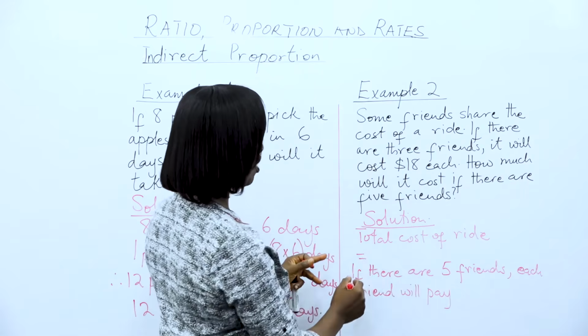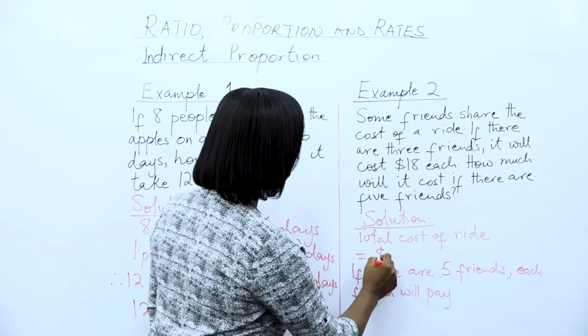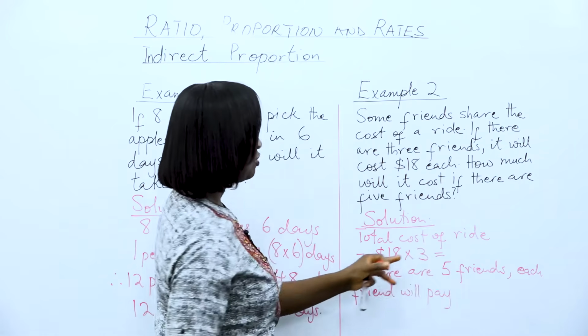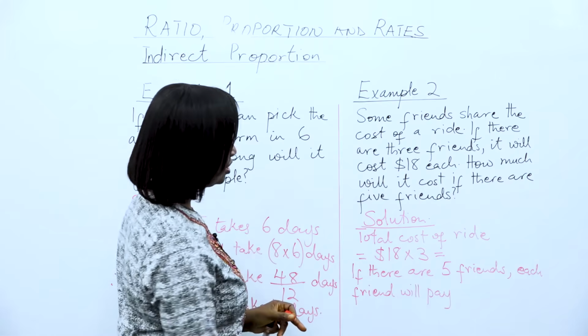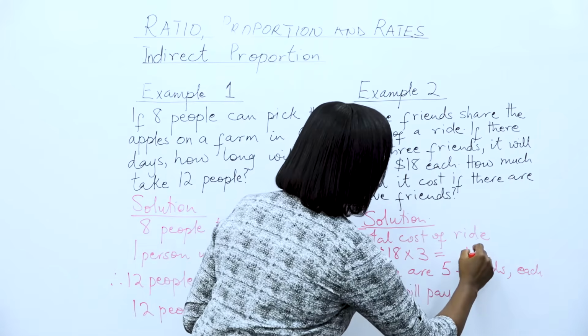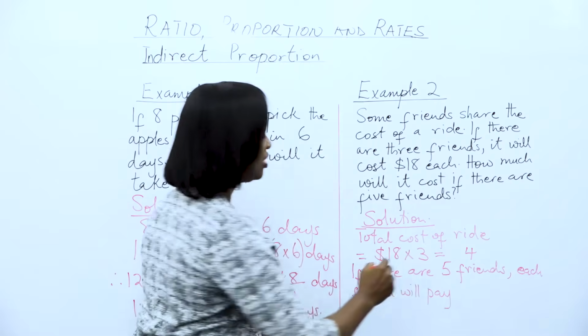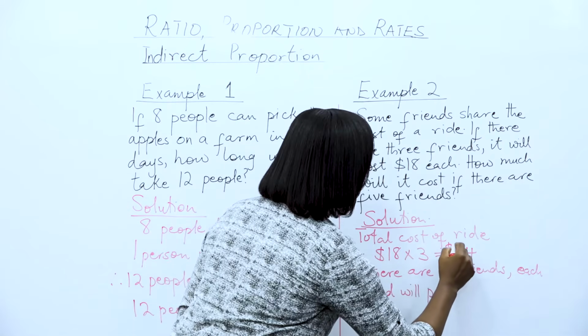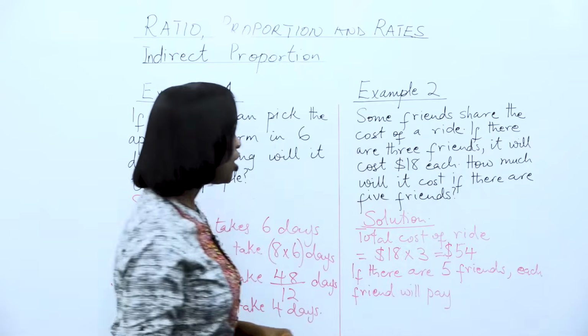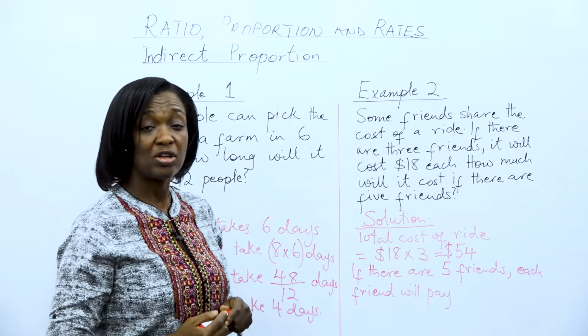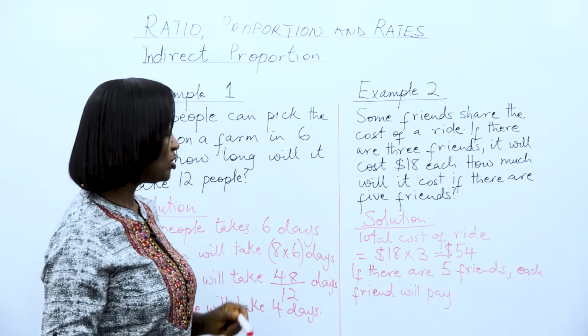So total cost of ride is equal to $18 times 3. 3 times 8 is 24, carry 2. 3 times 1 is 3. So it will cost $54. So the cost of the ride is actually $54.